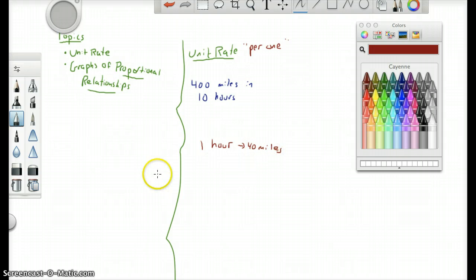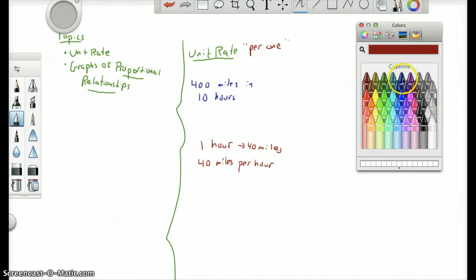M-I-L-E-S. So we can write this as a unit rate, and that's always going to have the term per in it. So we traveled 40 miles per hour.